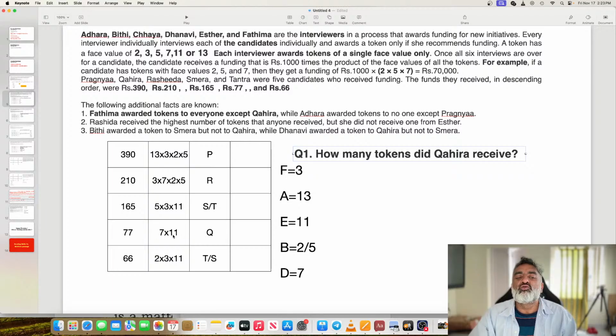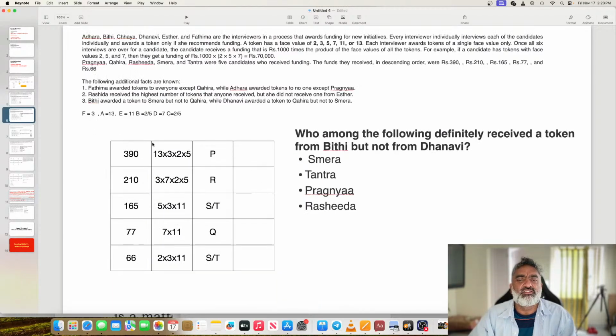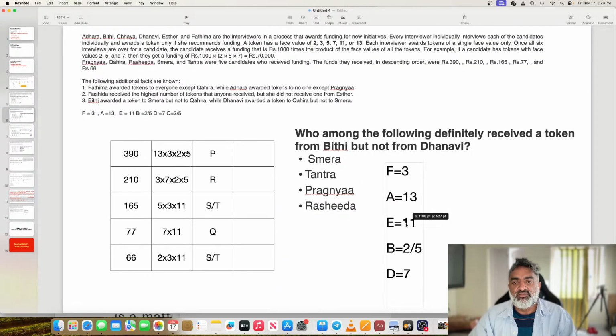Kahira received 2 tokens. This I figured out very, very quickly in the very first step. So maybe a good idea could also be to check out what question can I solve with the information that I have worked out. This is for advanced Ninja users, right? Just for reference.